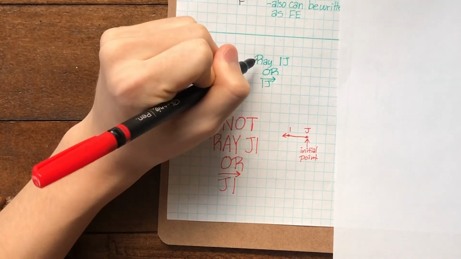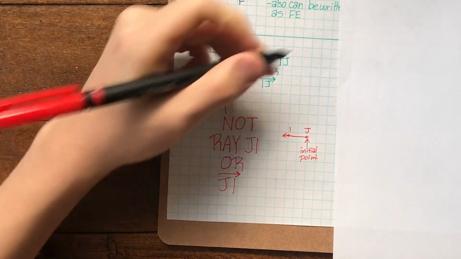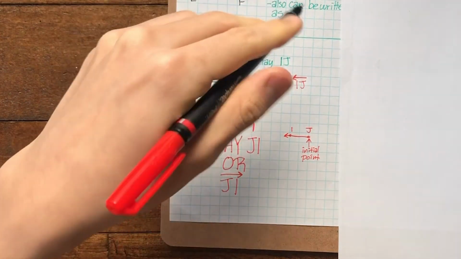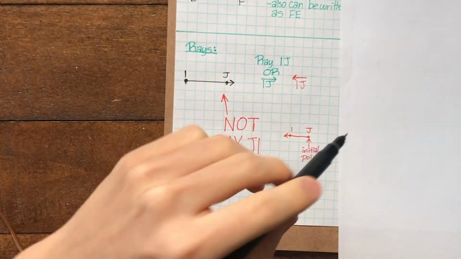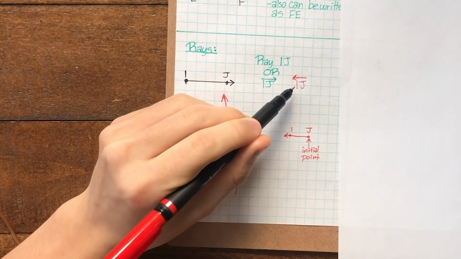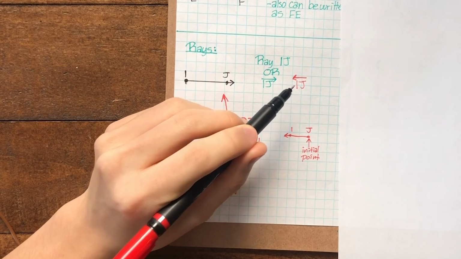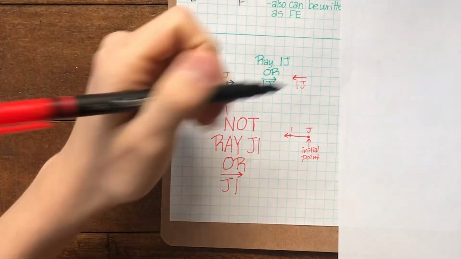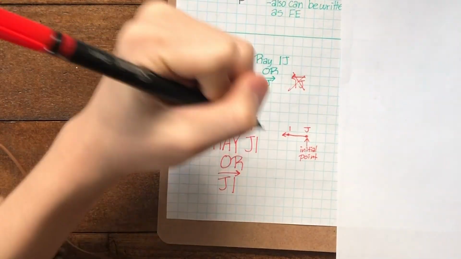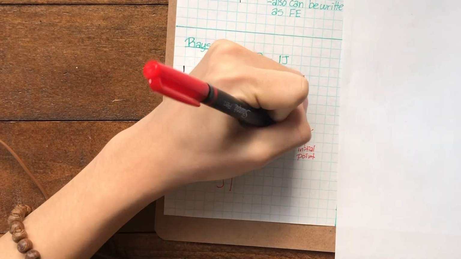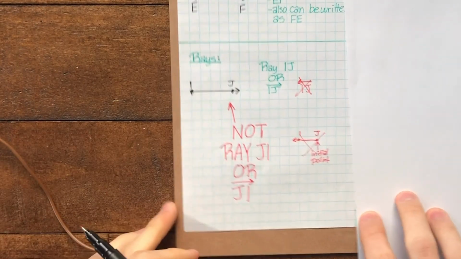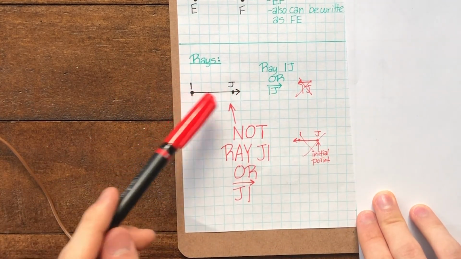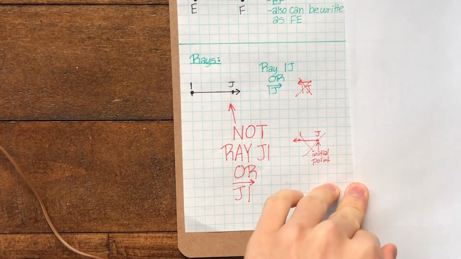And also, you cannot write IJ as this, because that also implies that J was the initial point, or like the starting point, and that this is the line that goes out forever. So this is also not correct. So yeah, just keep that in mind. It's not like these, because it doesn't extend or stop in both directions. One direction is different from the other. I hope I explained that correctly.